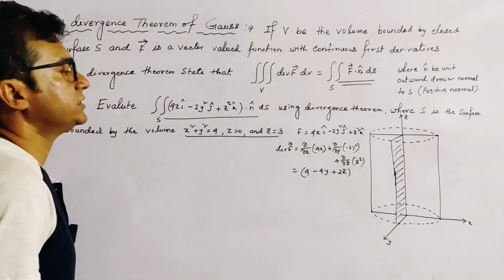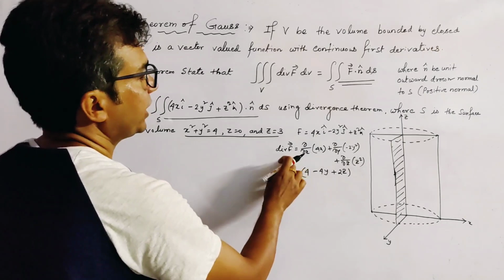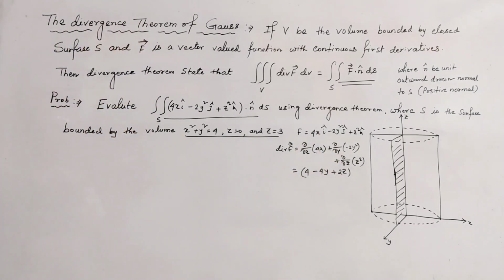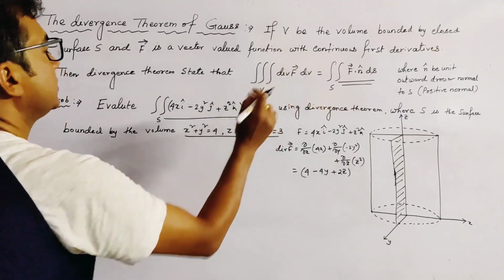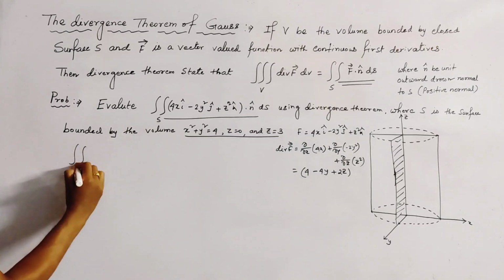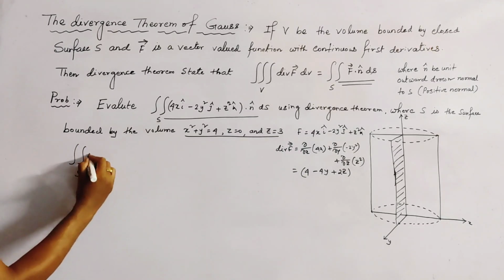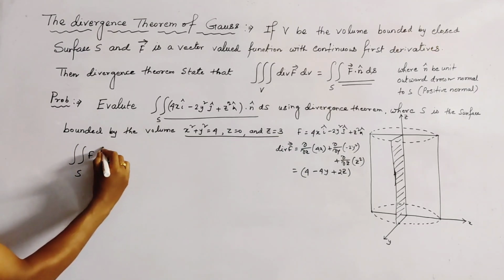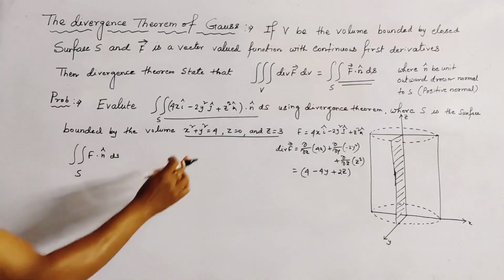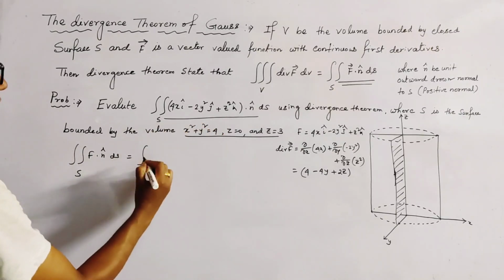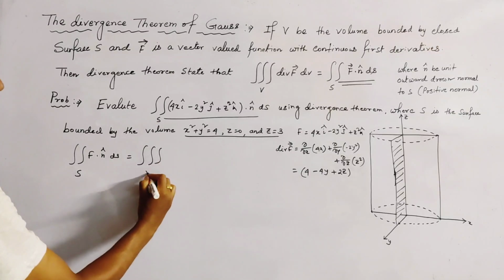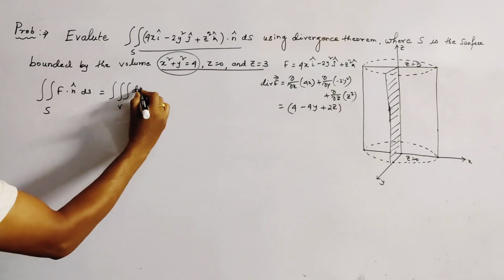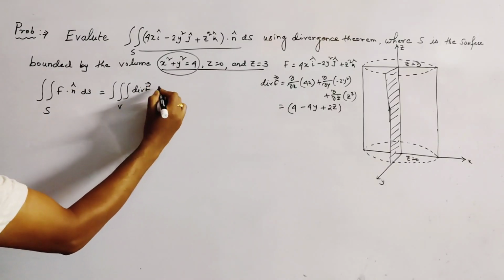This is the divergence of F, right? Now we use the divergence theorem and get the double integration over S of F dot n cap dS, which is equal to the triple integration over V of div F dV.